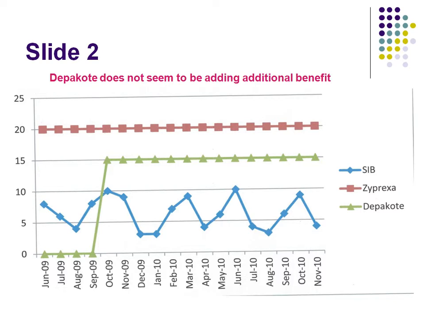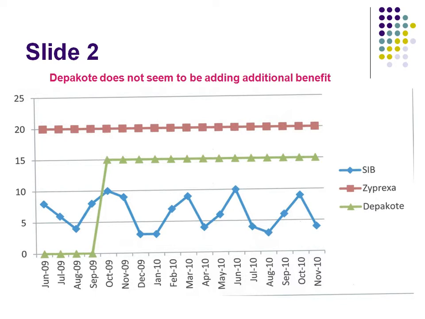And he was kept on Depakote on this graph from September 2009 through November 2010. And you can see that there was no significant reduction in the frequency of the behavior. So we would say that Depakote does not seem to be adding any additional benefit.